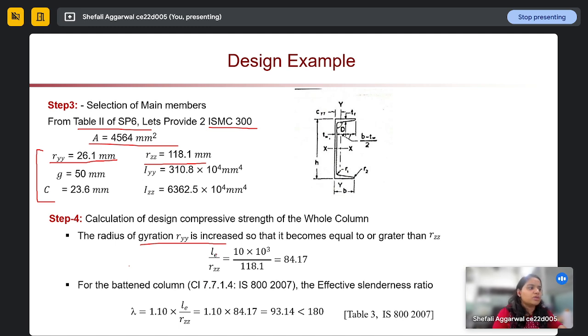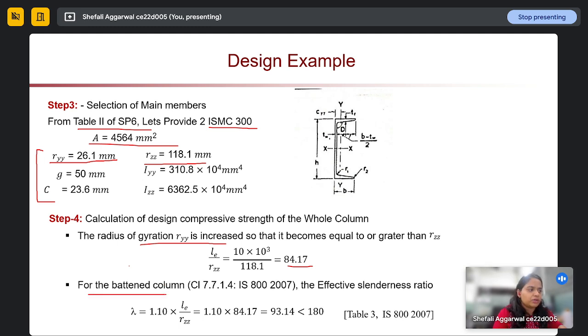So L effective upon r_zz is given by this, and this is in meters, so we are converting it into mm. So 10 into 10^3 divided by 118.1 will give us 84.17. For the batten column, we are using the batten system.